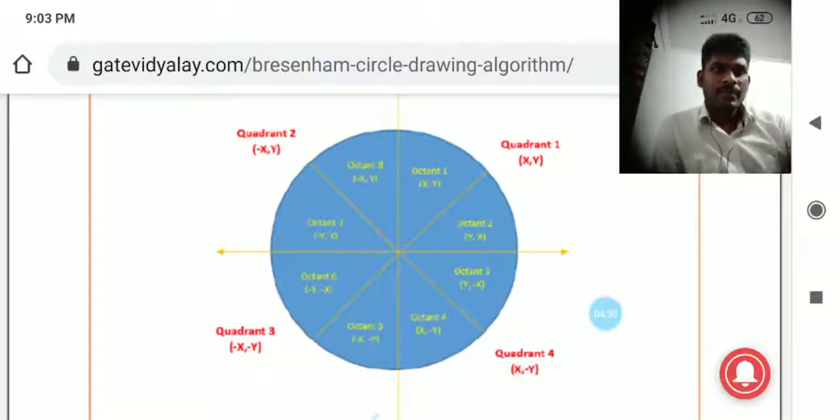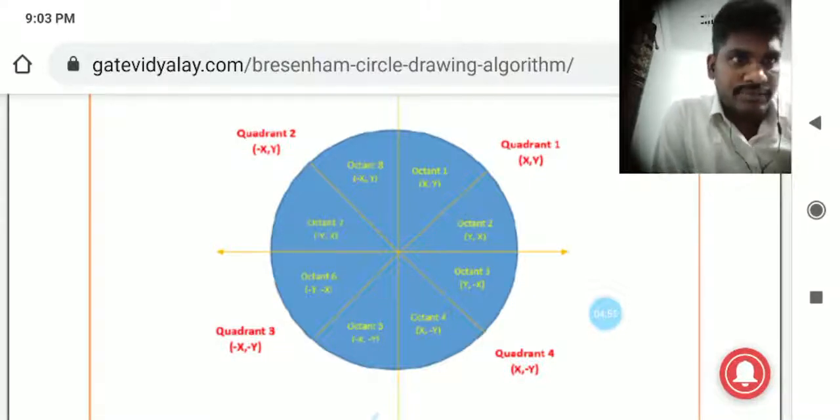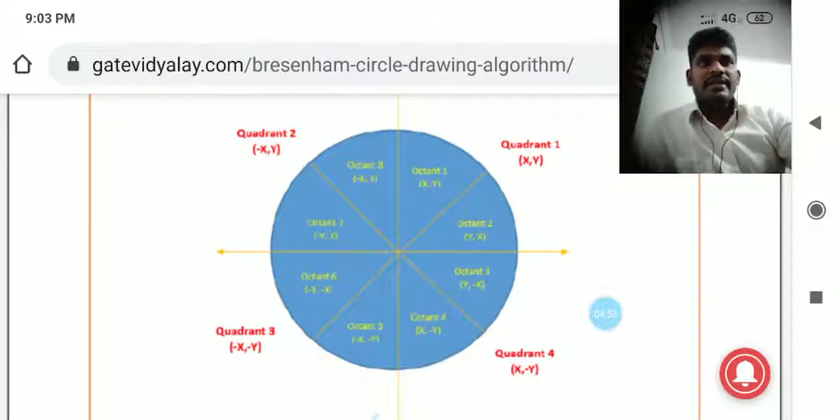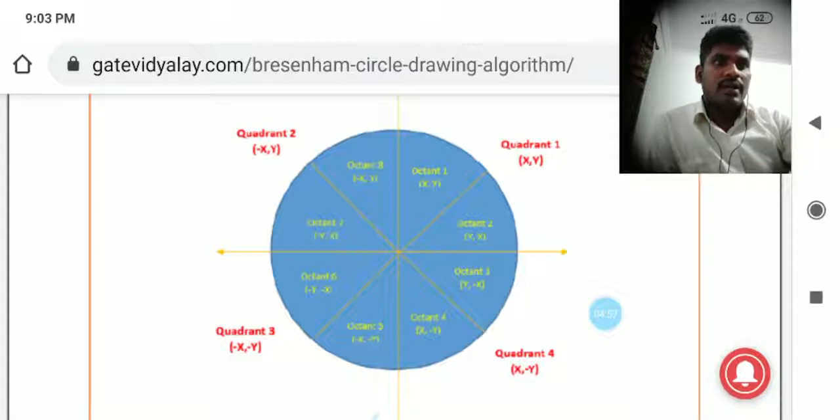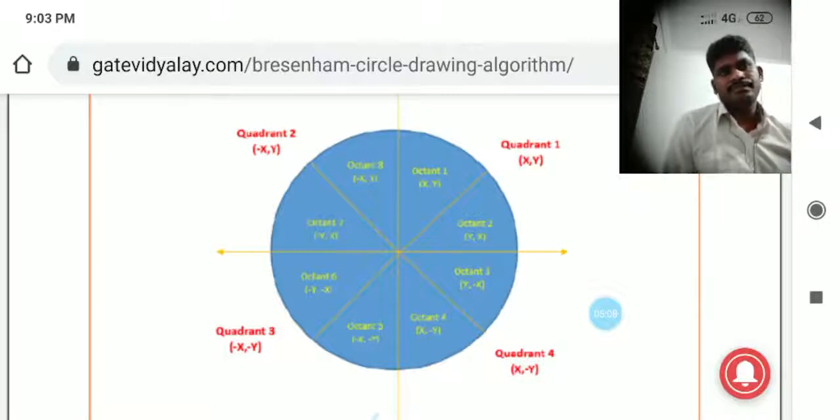Look here: 1, 2, 3, 4, 5, 6, 7, 8. Here it is mentioned: octant 1, octant 2, octant 3, octant 4, octant 5, octant 6, octant 7, octant 8. So the circle divides into 8 octants.